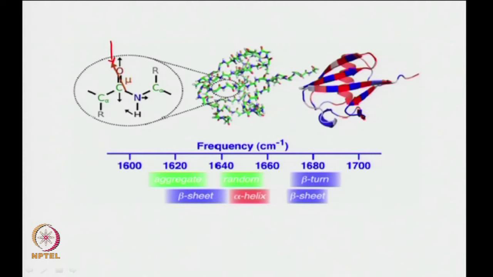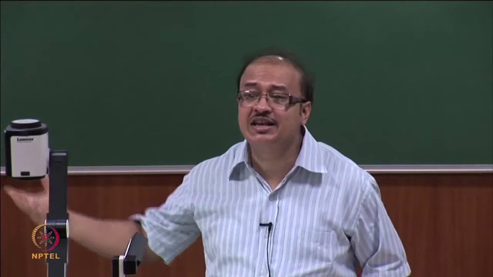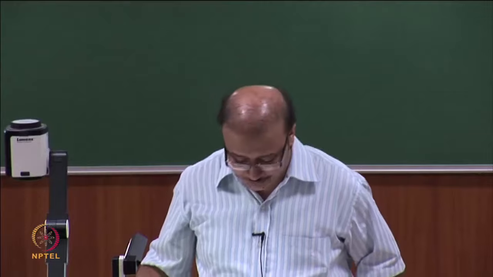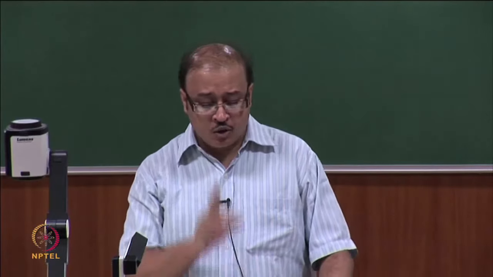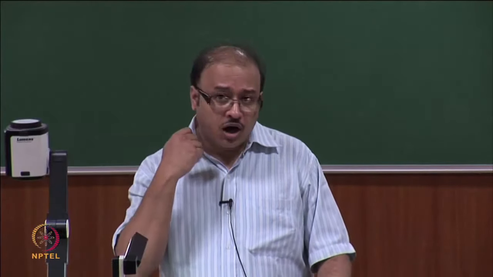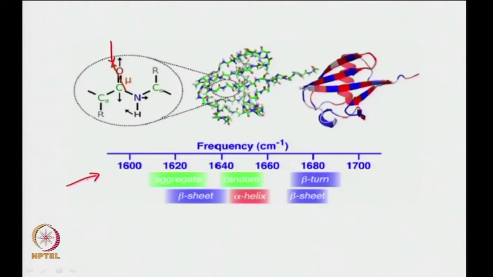Now, though I said it is CO, it is not exactly aligned along the CO. However, it is at a certain angle because you have some contributions from these NH in plane bending modes, right. But one is that, so this is the type of dipole moment you are looking at, but the second issue is you look at this scale. Now, this is very important.